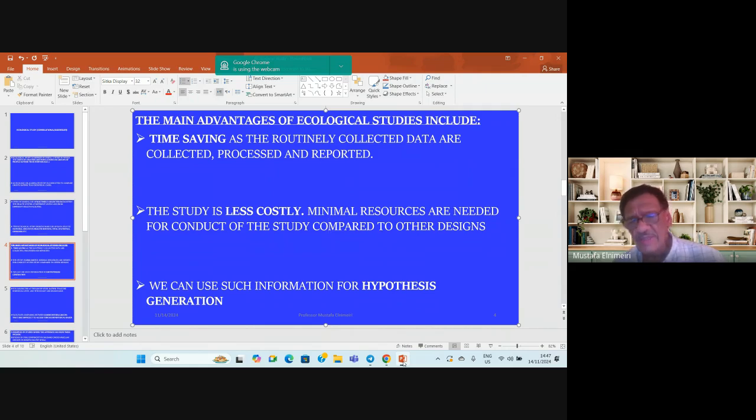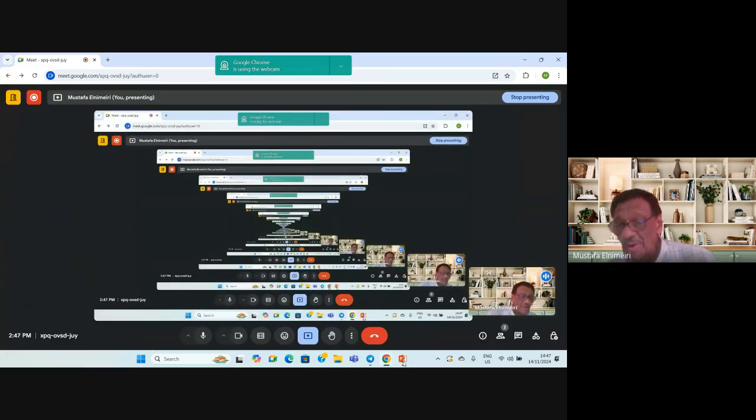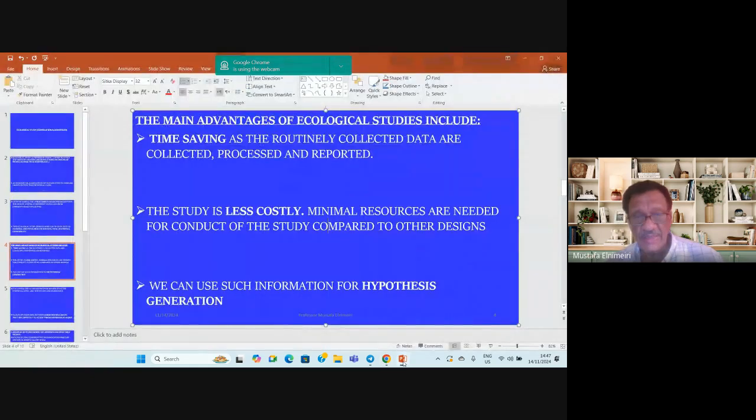And the study is less costly, as we can make use of the already routinely collected data, which is processed, reported, and analyzed, and finally we can get some sort of correlations between groups that were reported from such secondary data.